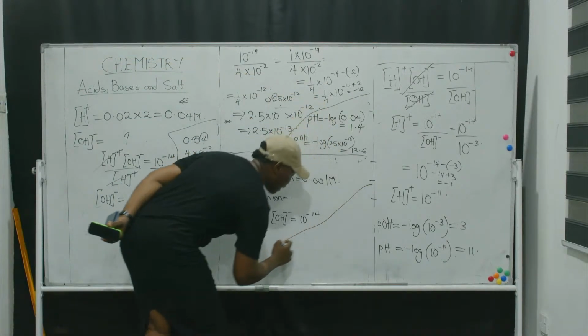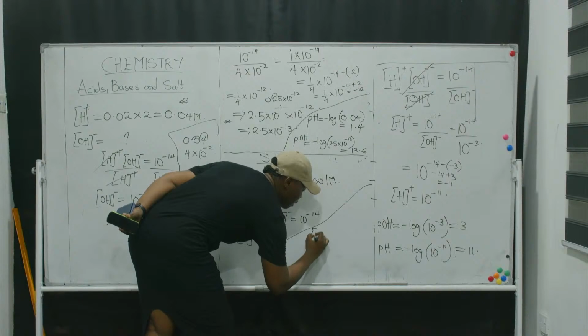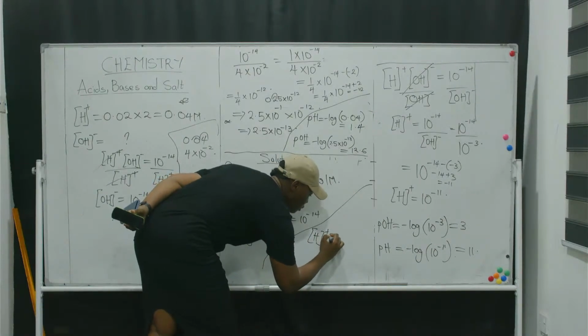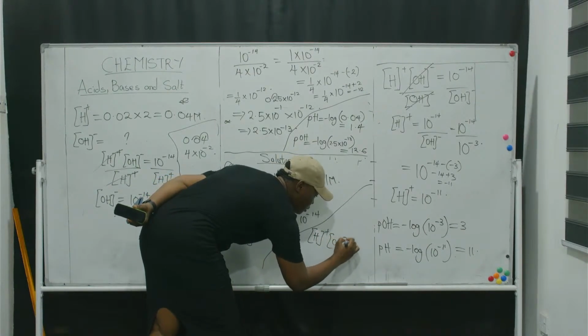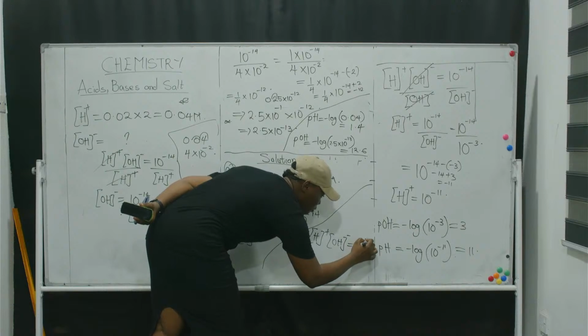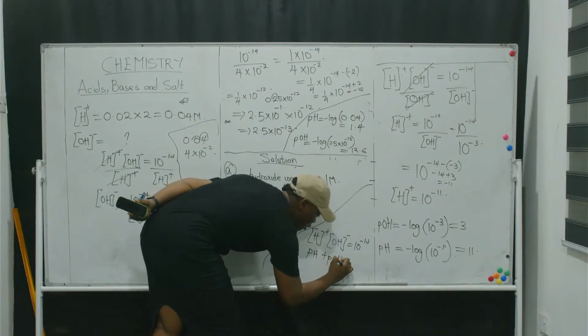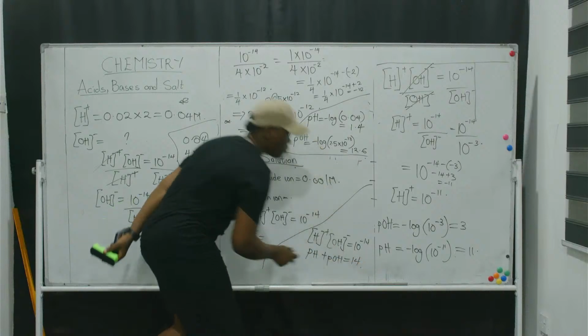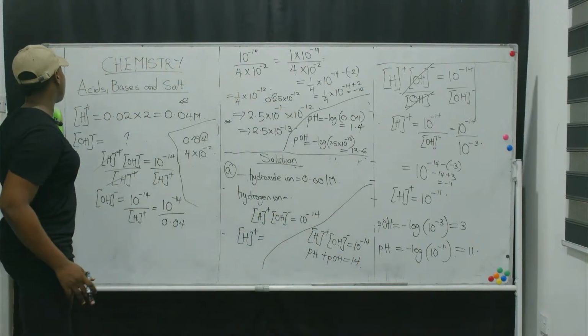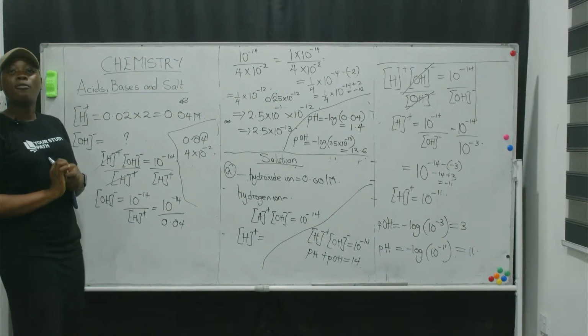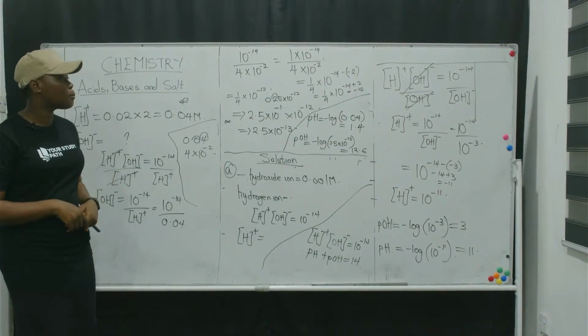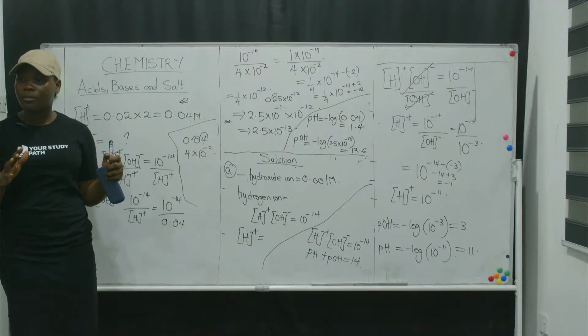We didn't use more than these 2 formulas. OH minus equals 10 raised to the power minus 14, and pH plus pOH equals 14. Those are the 2 formulas required for pH scale. Any question at this junction?